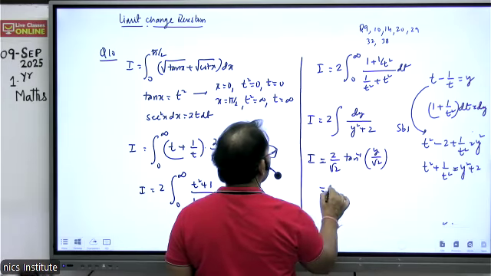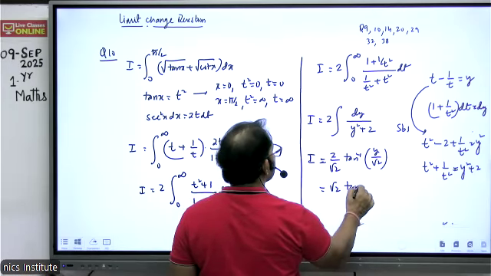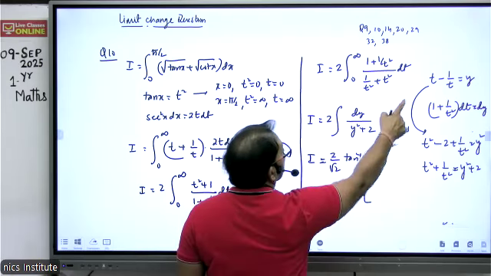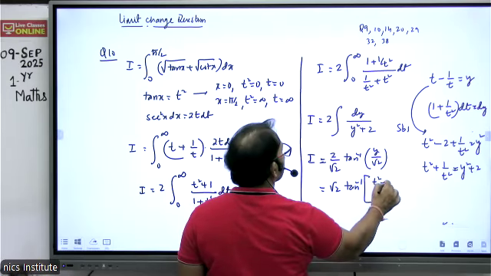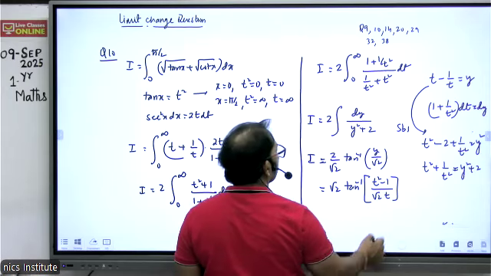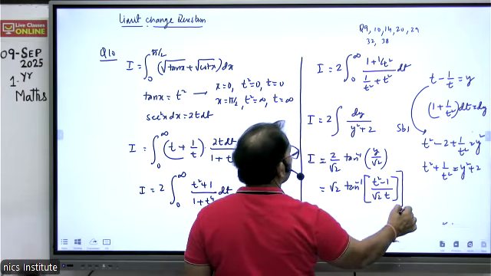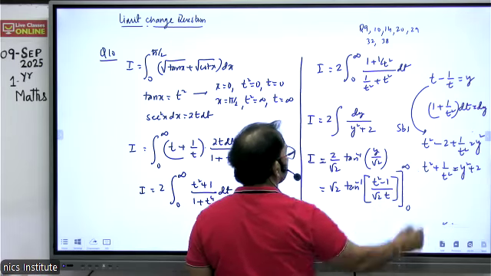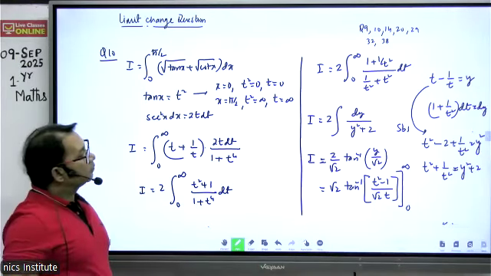Now substitute y as t square minus 1 by t. So now I can put the limit of t, t is 0 to infinity.